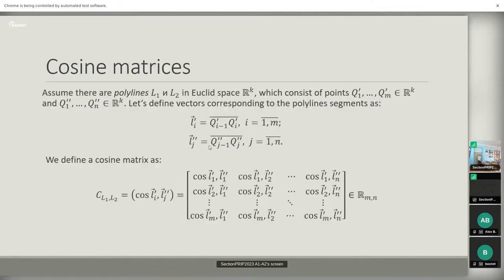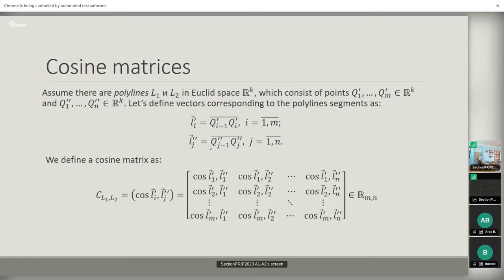So to encode rotations and directions, we propose another matrix encoding, similar to distance maps. It is rotation invariant and shift invariant. In abstract, imagine we have two polylines in some Euclidean space.